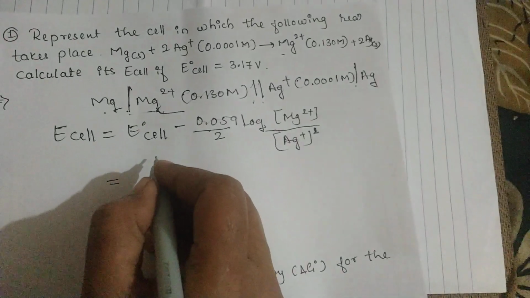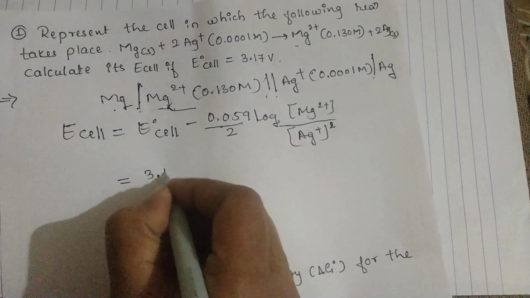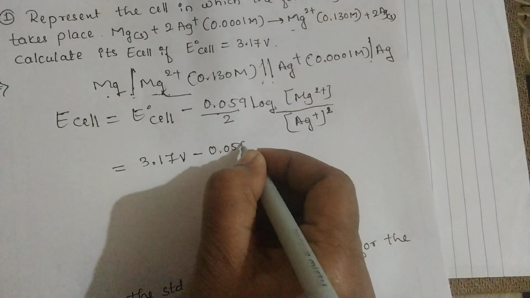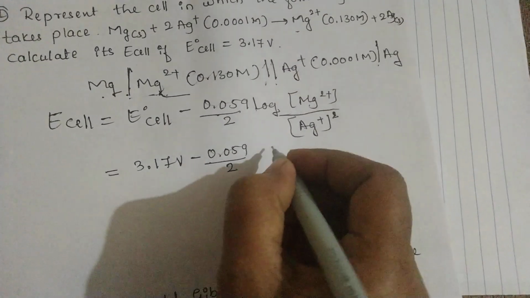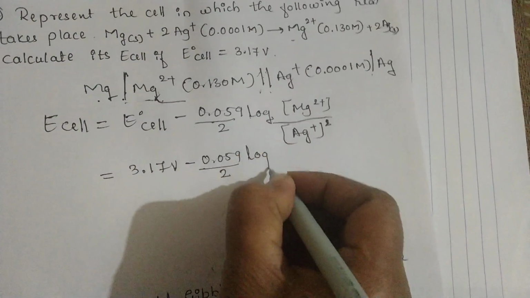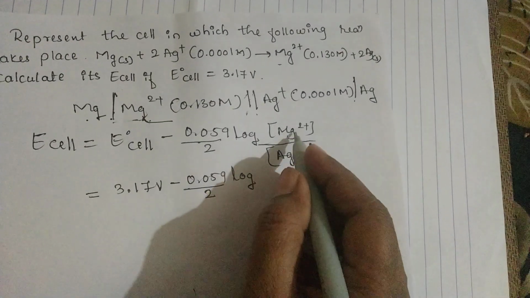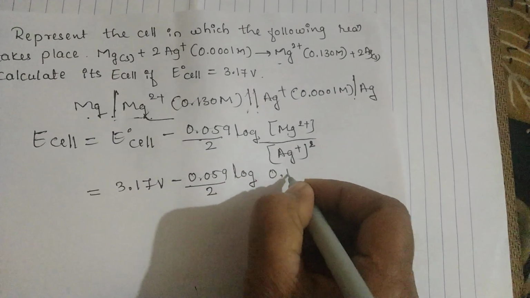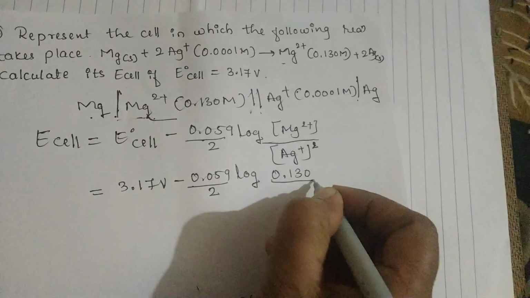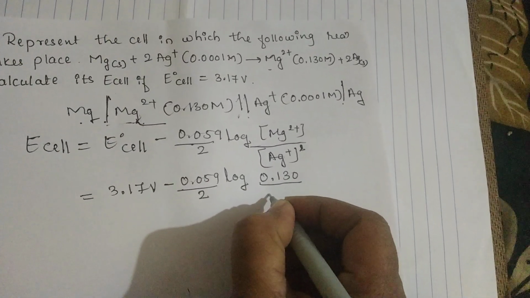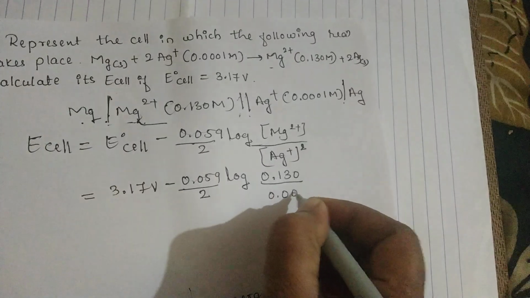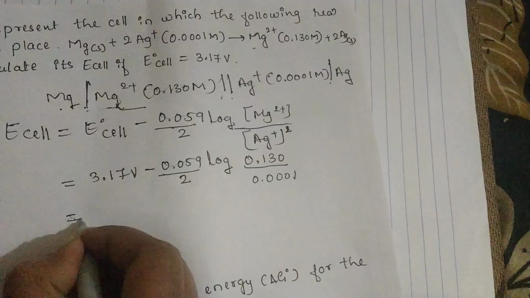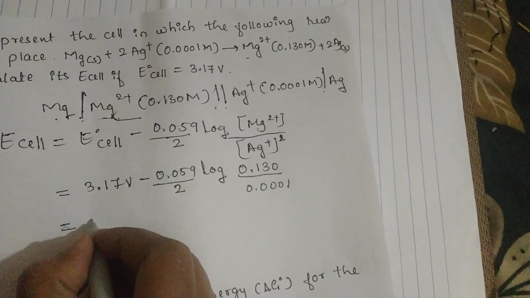The E0 cell value is given, that is 3.17 volt, minus 0.059 divided by 2, then log of the value for Mg2+ which is given, 0.130, to the 0.0001. So we have to simplify this.